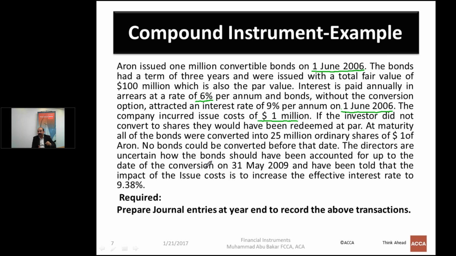Number one option, 6 million interest per annum and 100 million capital repayment. This is option 1.